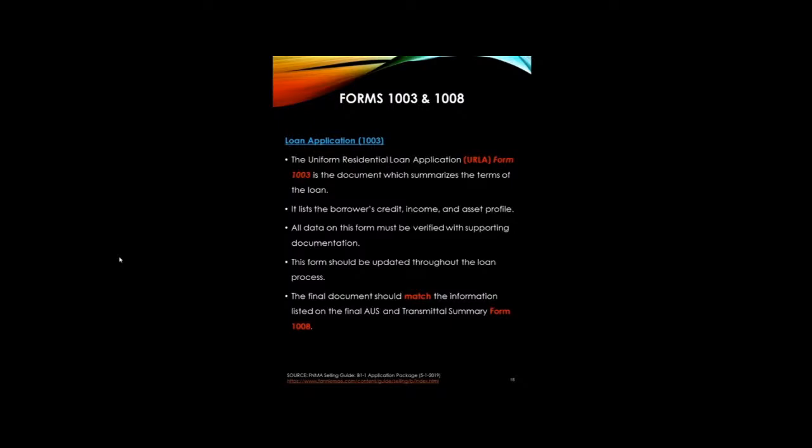Anything funky on the loan, we want to put it in there, because someone after us as an underwriter will review your file. It could be the lender that they take it to. It could be QC. And if there's something that you did that's out of the box, it needs to be noted somewhere, so the next person to pick up the file could understand why you underwrote it the way you did and how you came up with your income. It's very important to make sure it matches.